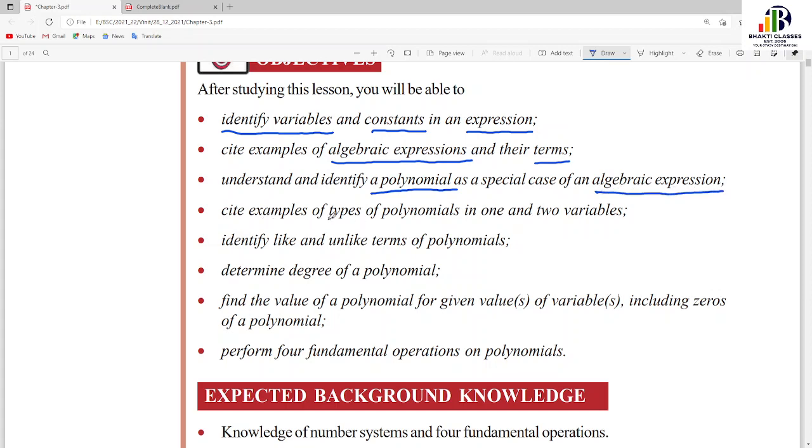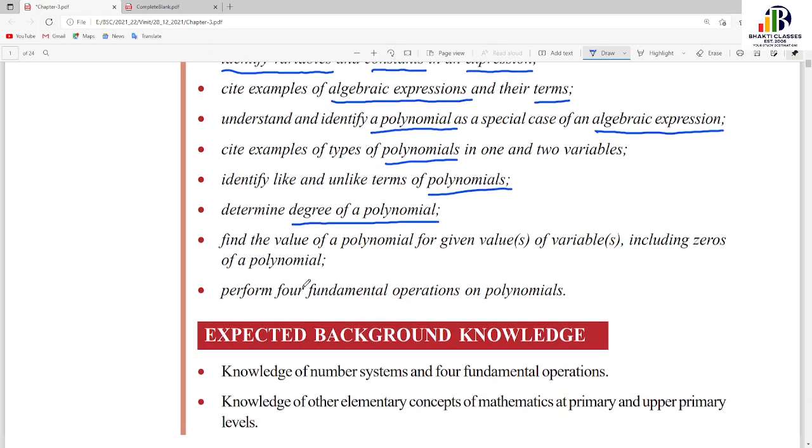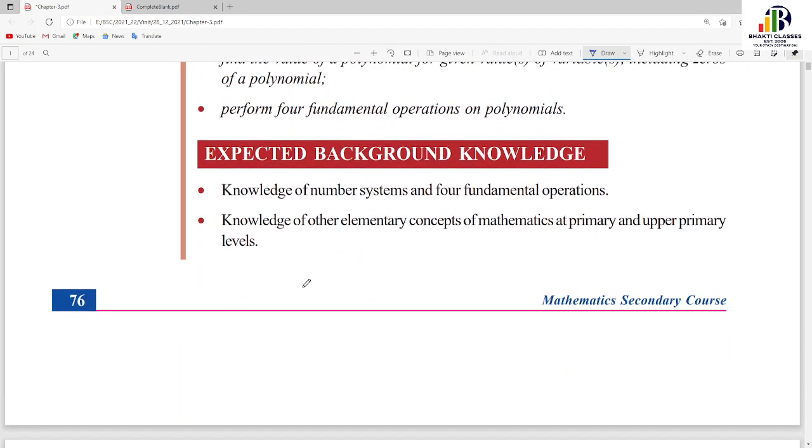We cite examples of types of polynomials in one and two variables. We will identify like and unlike terms of polynomials. We determine the degree of polynomials and we'll find the value of a polynomial for given values of variables including 0. We'll perform four fundamental operations on polynomials.